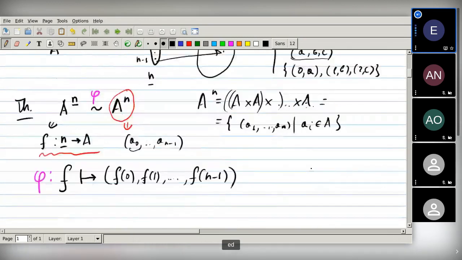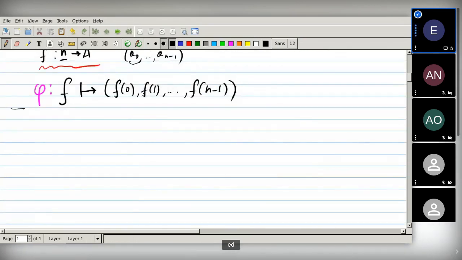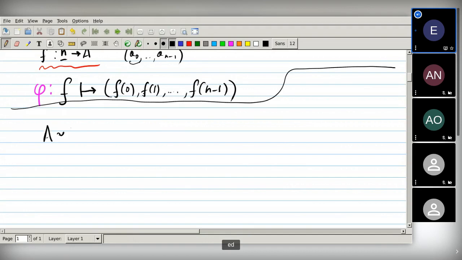Okay, and now let us move on. Our next topic is so-called embeddings. What is an embedding? An embedding, you know, informally, set equivalence. By the way, set equivalence, we introduced it in order to capture the notion of two sets of equal sizes, of two sets which have the same size, the same number of elements.